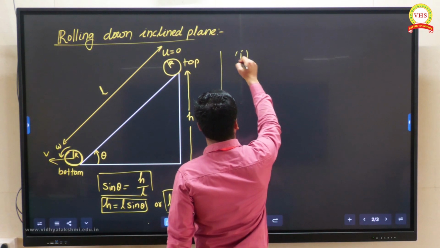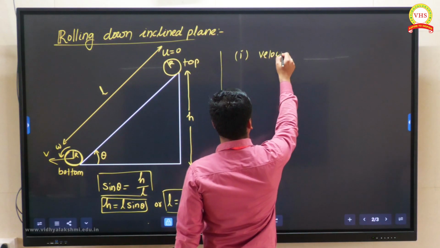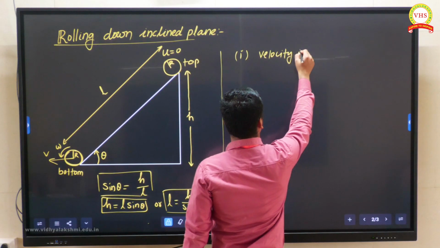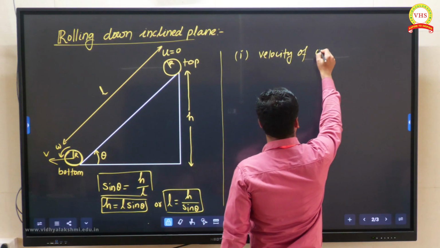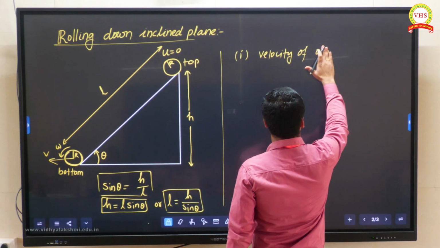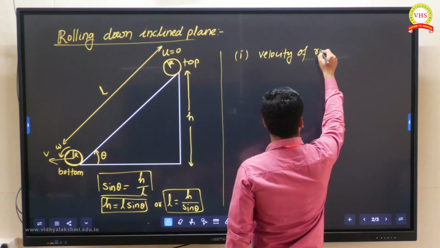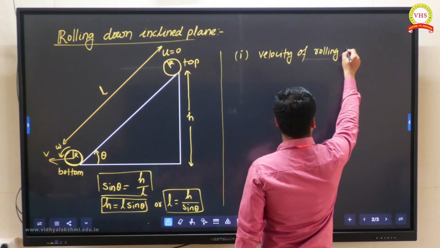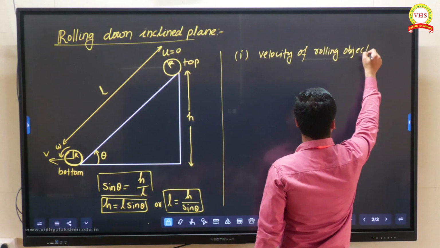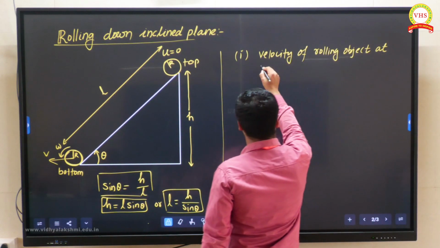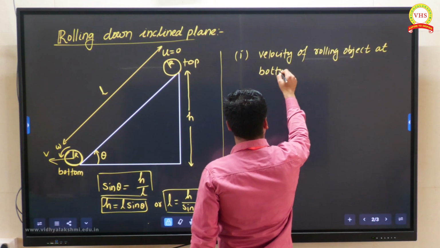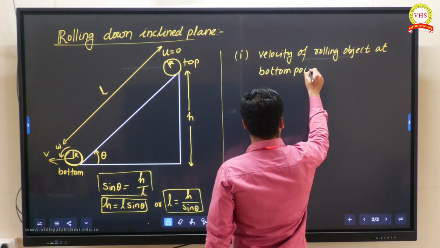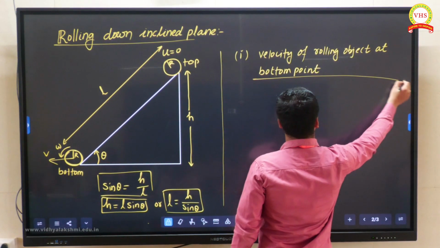So first I write the velocity of the rolling object at the bottom point. What will be the velocity, everyone say?